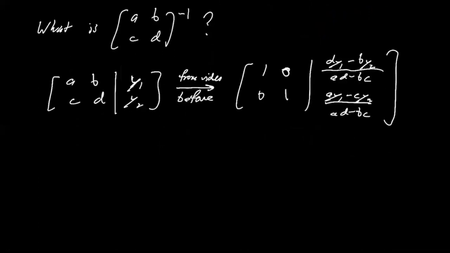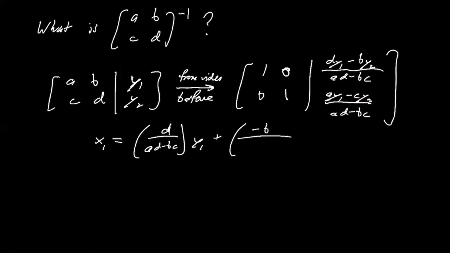And that means x1, and I'm going to separate out the y1 and the y2 in these. So x1 is d over (ad minus bc) times y1 plus negative b over (ad minus bc) times y2.